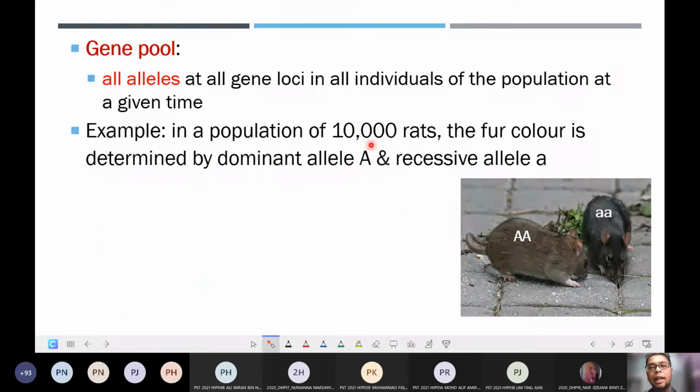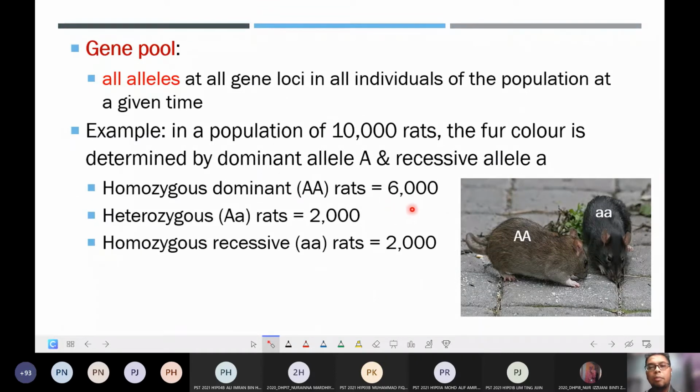Let's say we have these 10,000 rats, and we focus on the fur color, the color of the bulu. Okay, and this fur color is determined by the dominant allele, capital A, and the recessive allele, small letter a. Okay, and so among these 10,000 rats, there will be homozygous dominant rats, in which the genotype will be capital A capital A, and let's say the homozygous dominant rats will be 6,000.